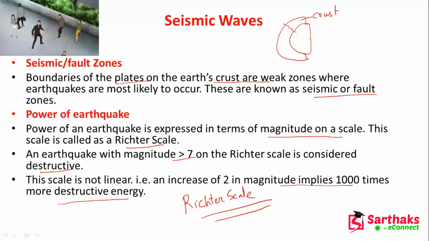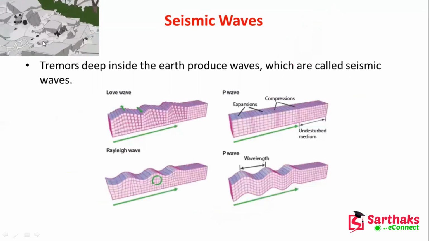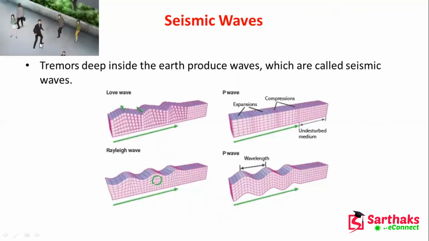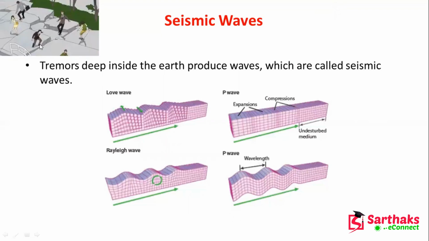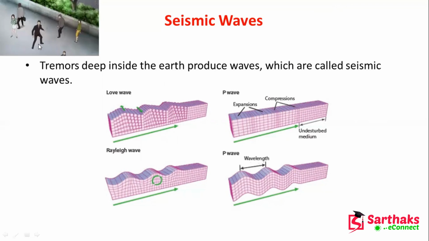But if it is greater than 7, all the buildings will be destroyed, and the roads will be destroyed at that time. If you see this picture, you can see how destructive this is. This is greater than 7 on the Richter scale. The whole path has been destroyed.